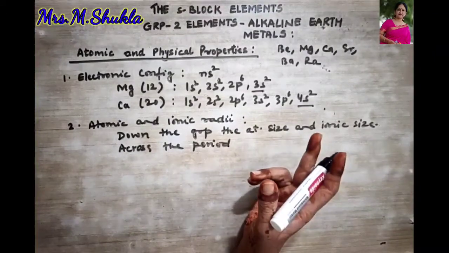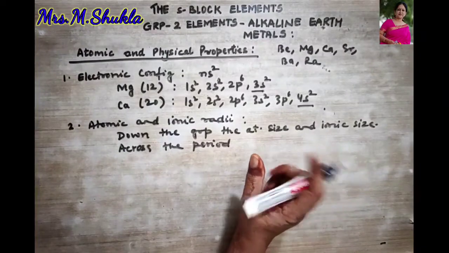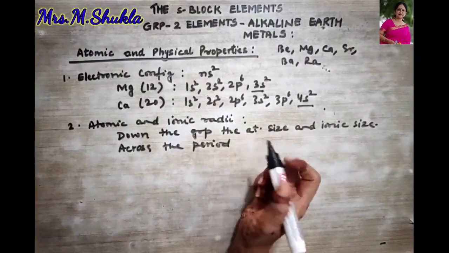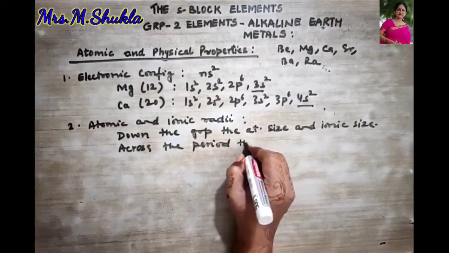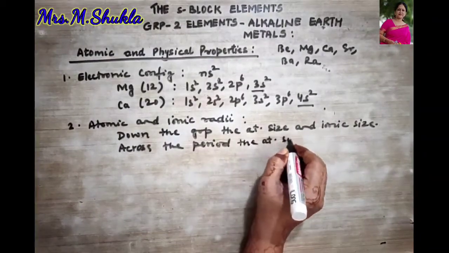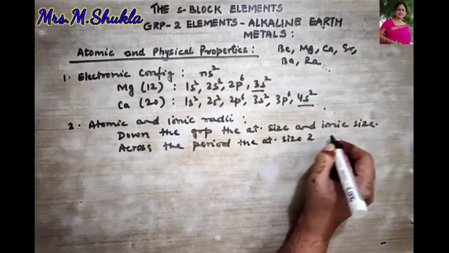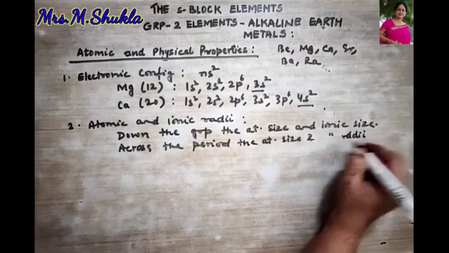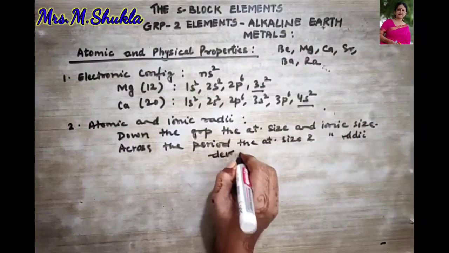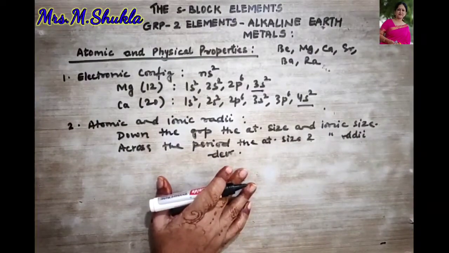Because the nuclear charge is increasing. So the force of attraction or nuclear pull increases, and thereby the atomic size and ionic radii decrease. Clear? I hope till here it's clear.